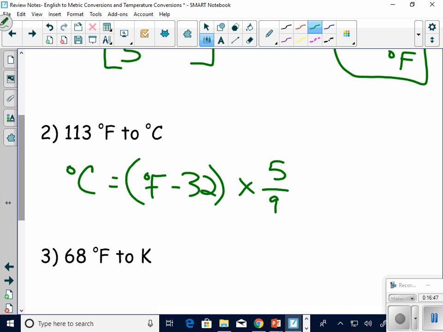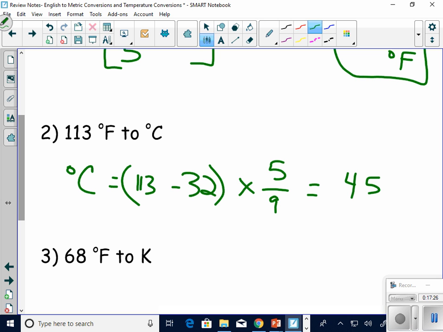So if I'm looking at this, my degree Fahrenheit is 113. So I take 113, subtract 32, and that gives me a value of 81. Then I multiply that by 5/9, and I come up with a value of 45 in my calculator.